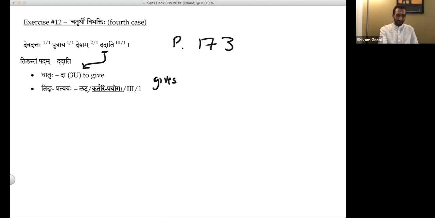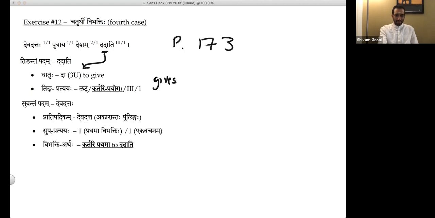Okay, so now we're going to go to the next. Who gives? After the verb, we always go to the first case. So your mind, don't look for anything else. You want to look for what looks like Ramaha. Okay, what looks like Ramaha? Devadattaha. So you want to look for the first case. Here we get Devadattaha. So pratipadikam.